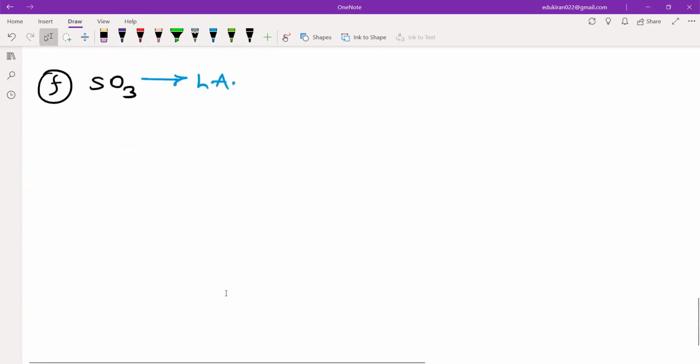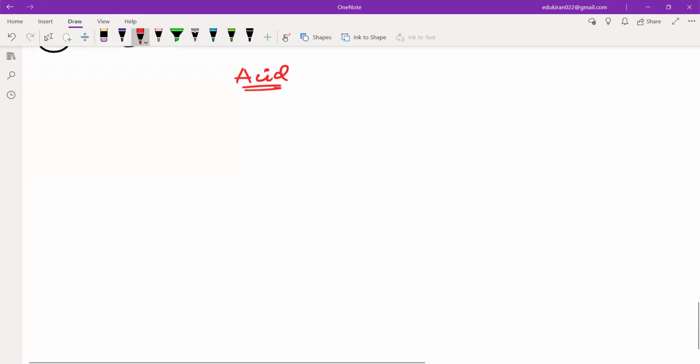Okay. So if I summarize these concepts, we have looked at acids and bases and 3 definitions. The first concept was from Arrhenius.